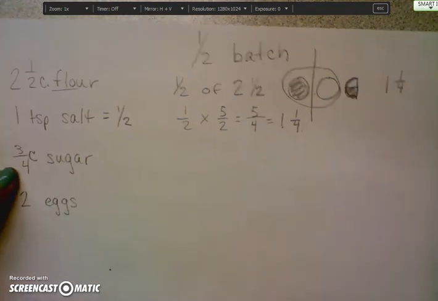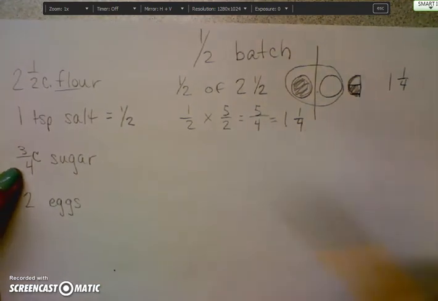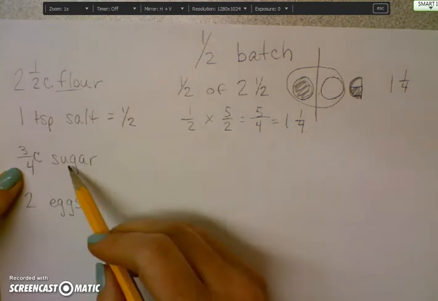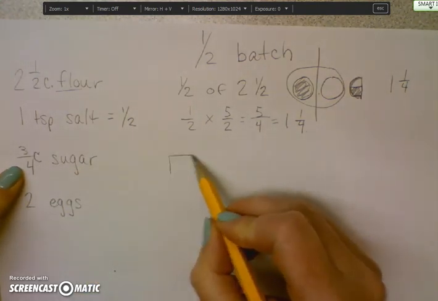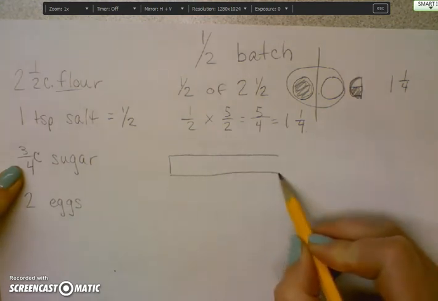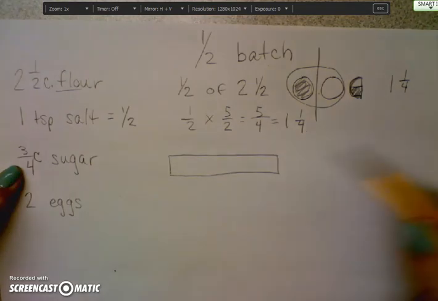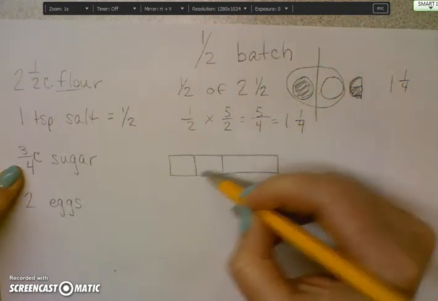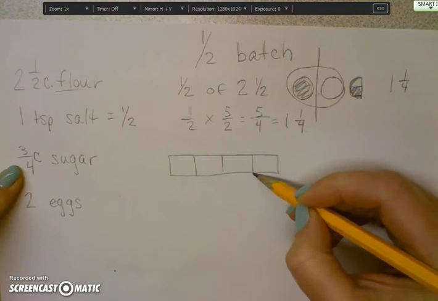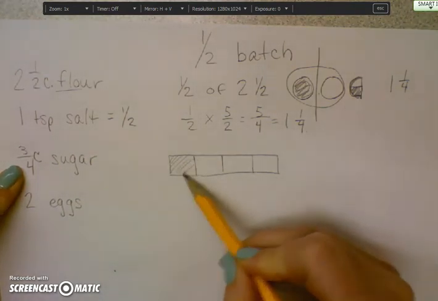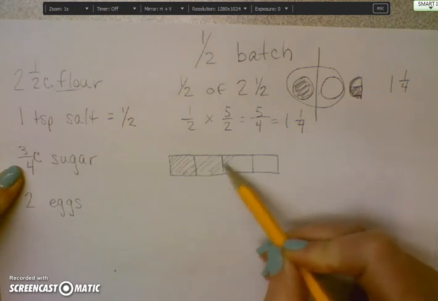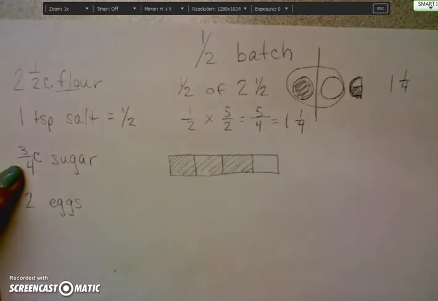If I look at my sugar for the whole recipe, I need to figure out what ½ of 3/4 is. Again, I like to think about a model first. If I look at fourths, I need to figure out what ½ of that would be.